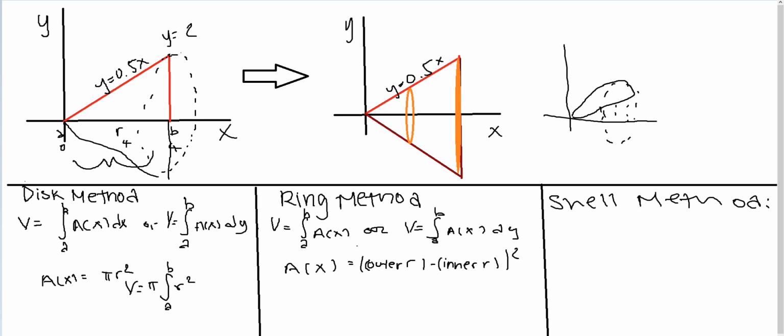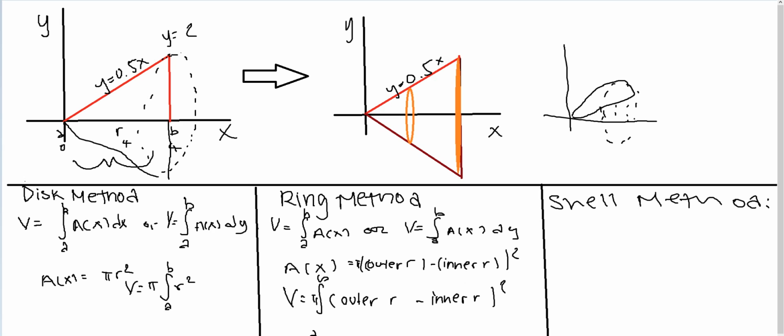So that means that our formula is going to be as follows. V equals the integral from a to b of pi times outer r minus inner r, squared.